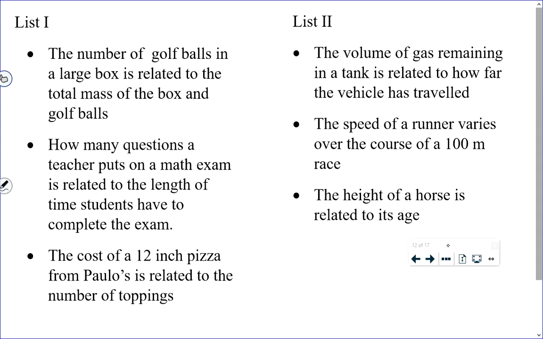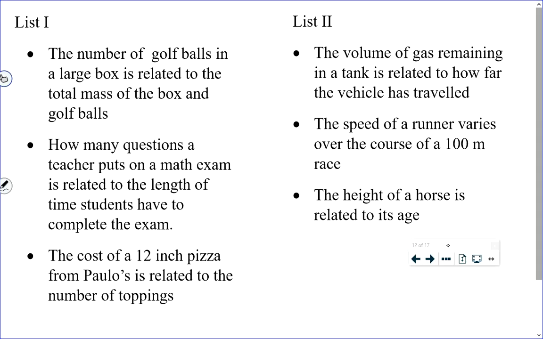When you look at the second relation in list 1, you can't have part of a question. You have to have no questions, or 1, or 2, or 3. The same with the pizzas. You can't pay for 3.5 toppings. It doesn't work that way. So all of these in list 1 have items that occur as whole numbers, whereas in list 2, all of these things can be anything.